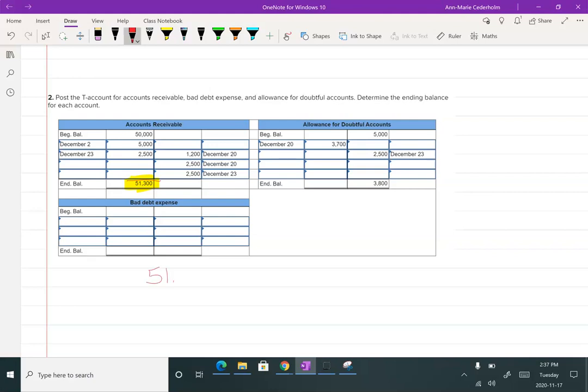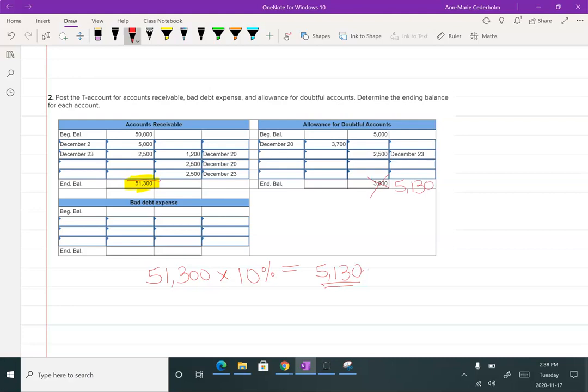So you get 51,300 and you multiply that by the 10%. So then that will give me 5,130. So that's what I want. So under the accounts receivable method, this means that I want my allowance for doubtful accounts to be 5,130.